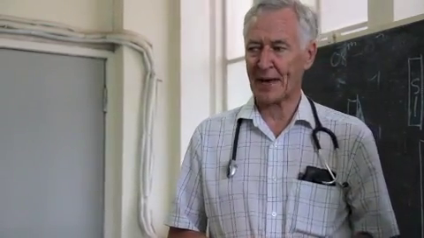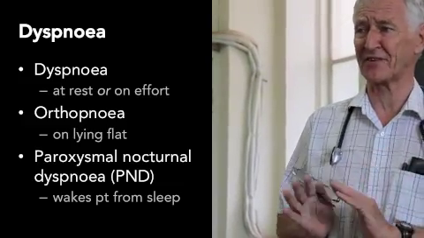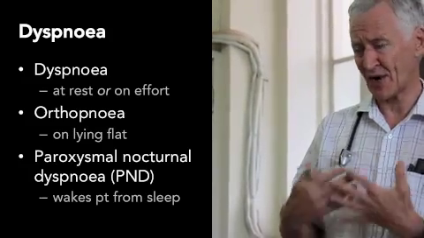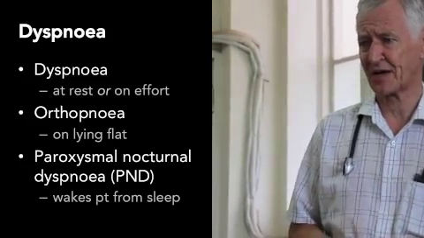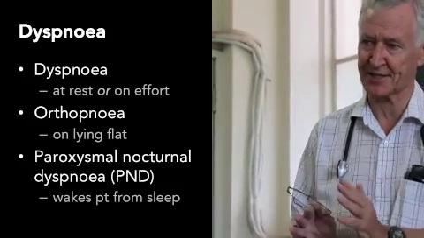Now, moving back to dyspnea. Dyspnea is probably the most sensitive index of cardiac function, and we start with dyspnea at rest and dyspnea on exertion. I'm reminding the students that it's most important to grade the dyspnea.